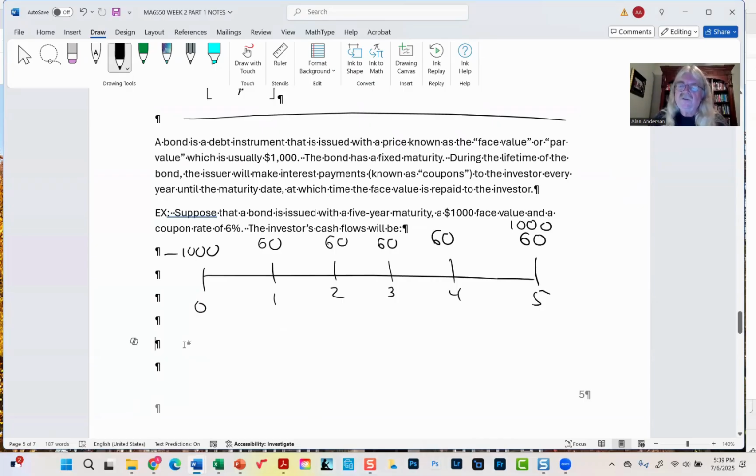There's a very strict structure to this. Bonds are an example of what are called fixed income securities because the amount of interest that you earn every year is fixed. It's decided in advance. It doesn't change, since the cash flows are fixed in advance.